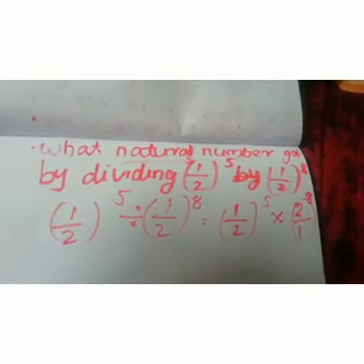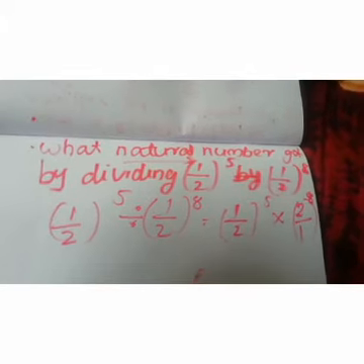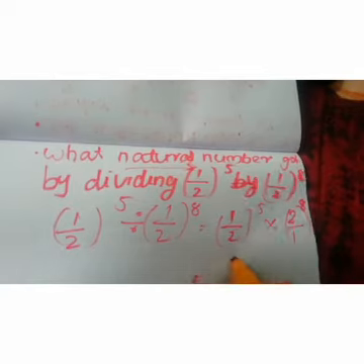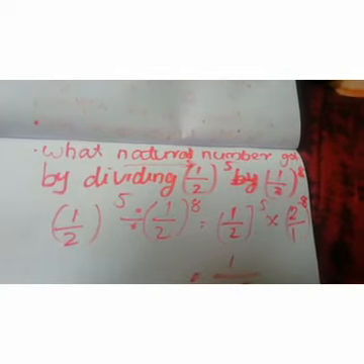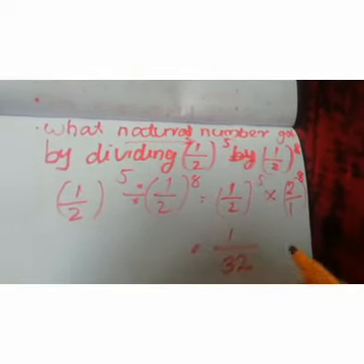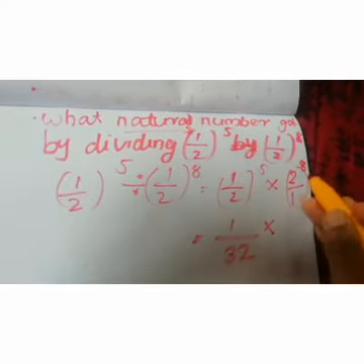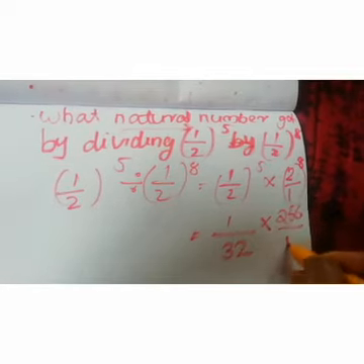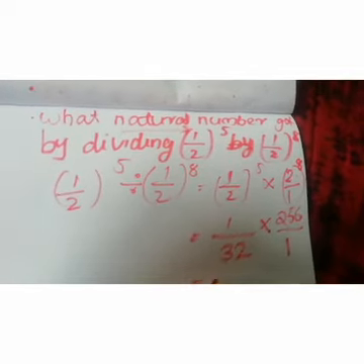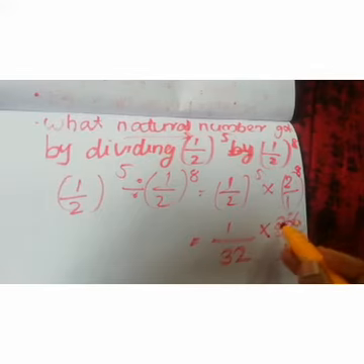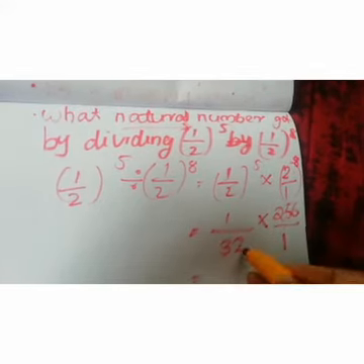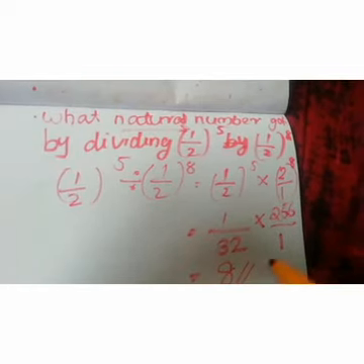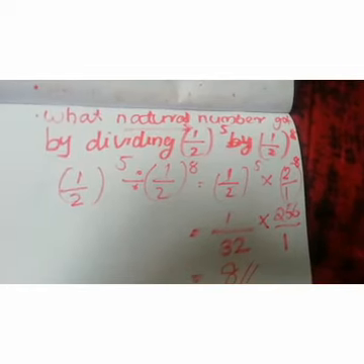Then 1 by 2 raised to 5 means 1 by 32, multiplied with 2 raised to 8, which is 256 divided by 1. When we divide 256 by 32, we get 8 as our result. This is the natural number that we got here.